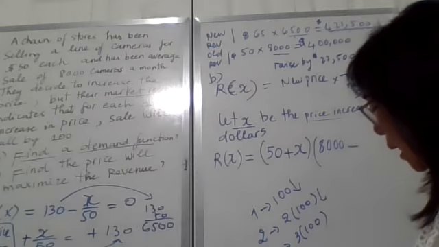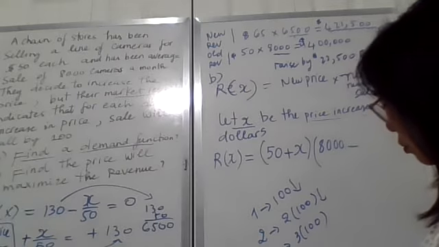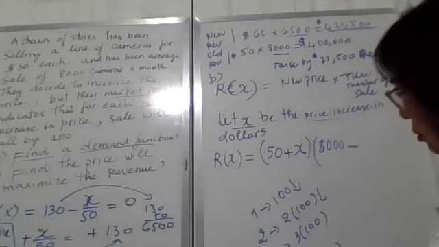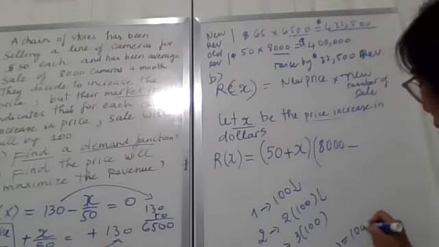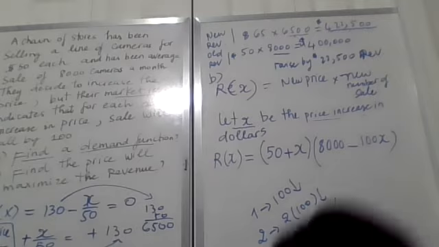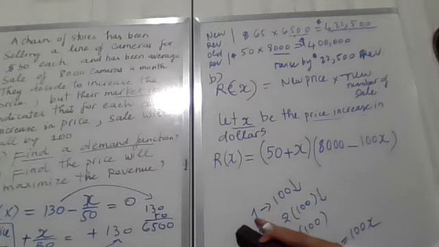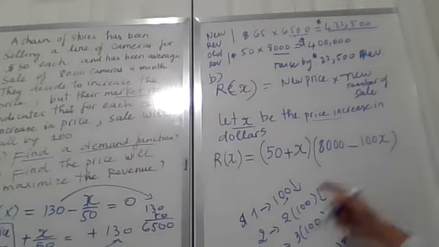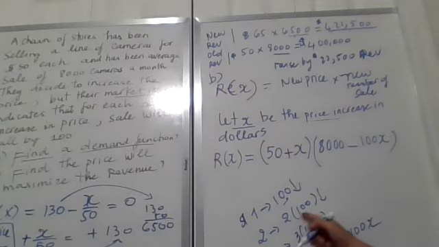So if we increase by X dollars, it will decrease by X times 100, and that will be equal to 100X. So 8,000 minus 100X. Does that make sense to you? I hope so, right? If we increase by $1, we go down by 100 cameras. We do 2, we go down by 200 cameras. By 3, we go down by 300. And how do you get 300? 3 times 100, 2 times 100.